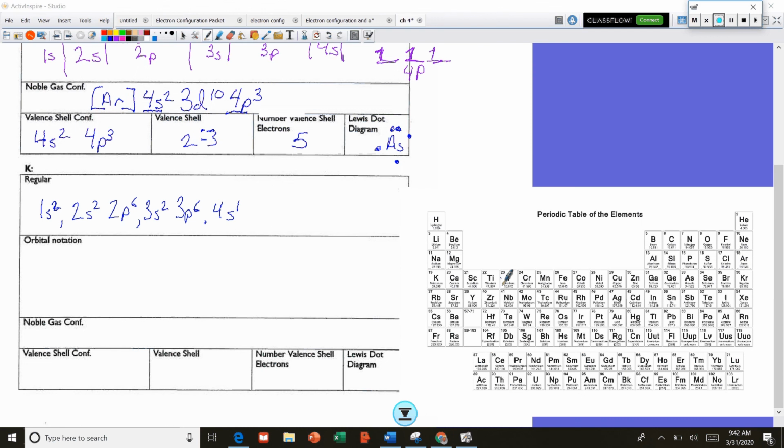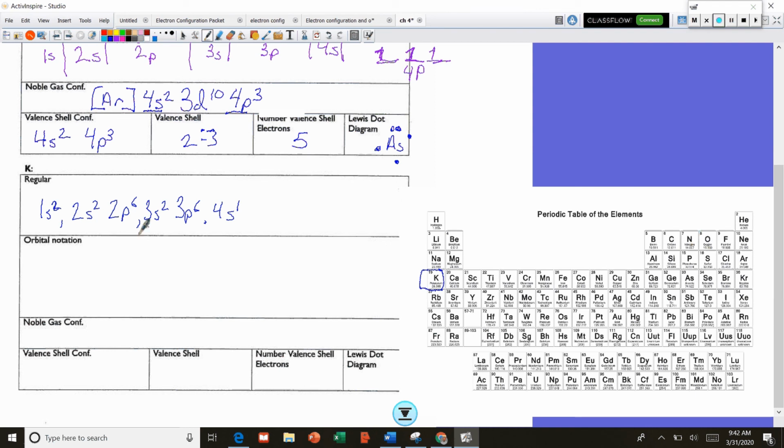All right, so looking at potassium, this is the electron configuration you should have gotten: 1s2, 2s2, 2p6, 3s2, 3p6, 4s1. The way that I got that is I first located potassium on my periodic table, figured out where it is, and I just counted 1s1, 1s2, 2s1, 2s2, 2p1, 2, 3, 4, 5, 6.